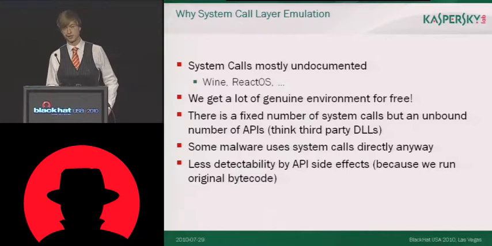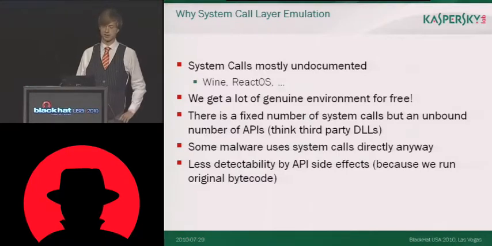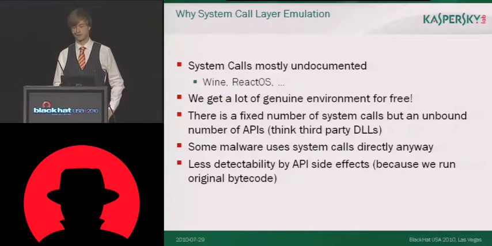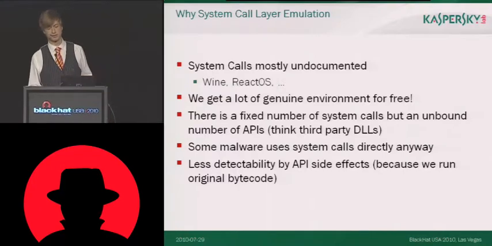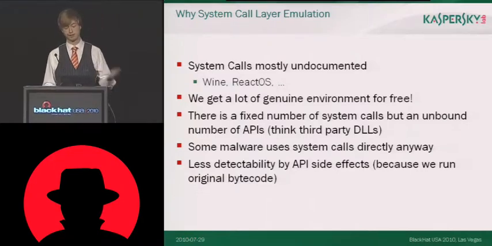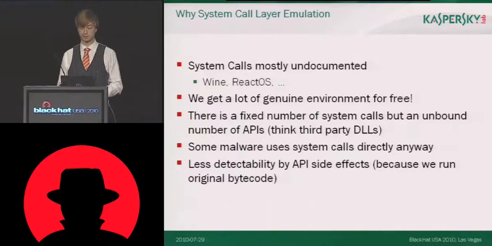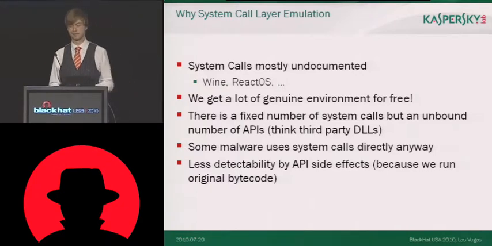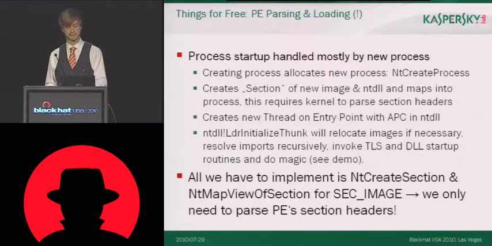And there's the issue that, as I've said before, some malware directly issues system calls, like some viruses, mostly not the Trojans and Vectors you see, but all these really cool metamorphic viruses, they often use system calls directly. We support that out of the box because that's what we do anyway, and we avoid all these API side effect detectability issues entirely.